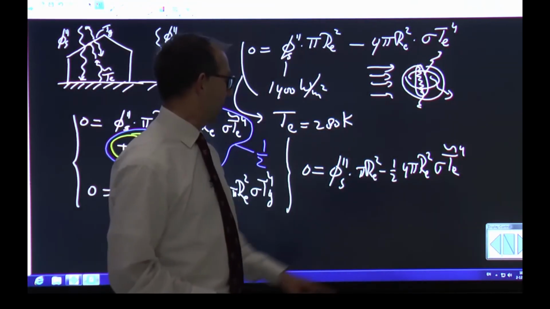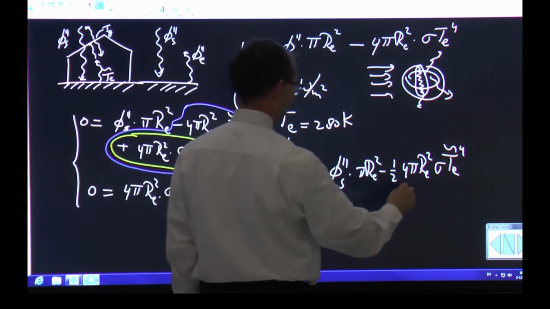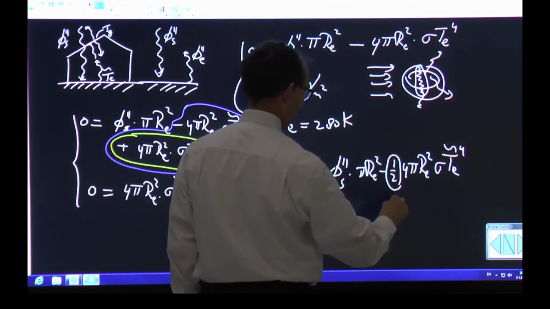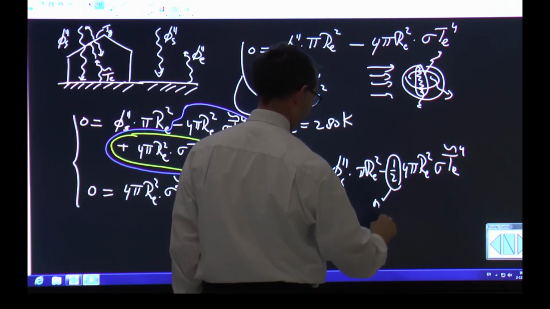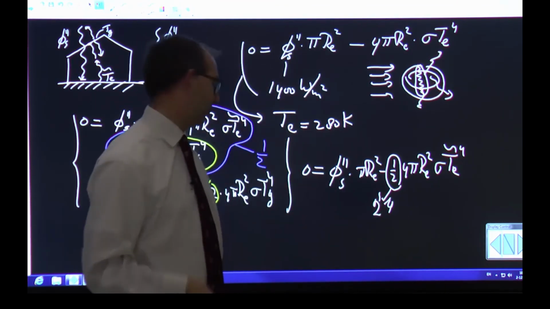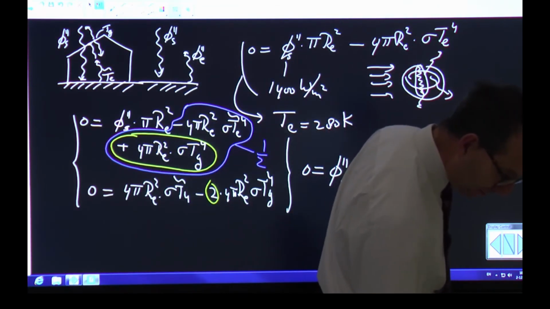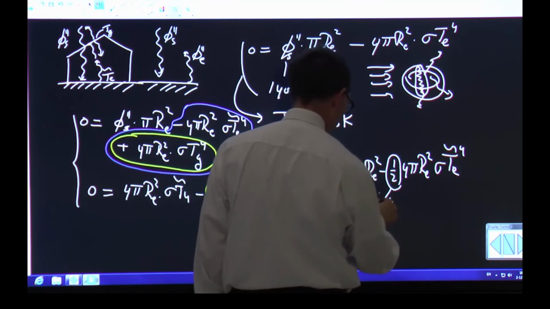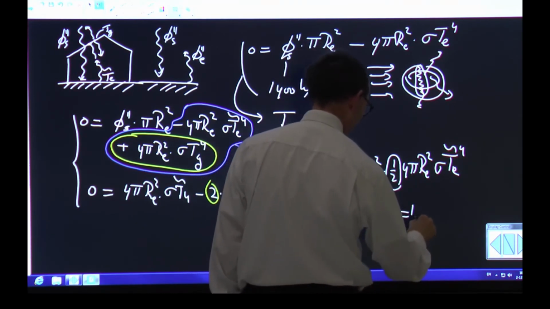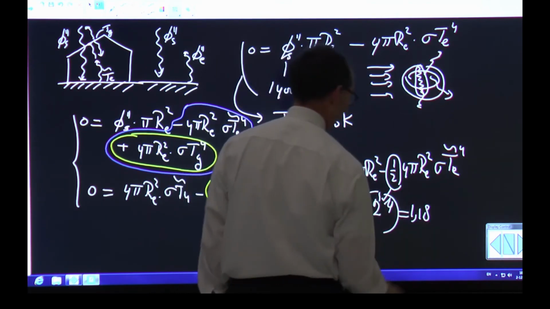I can solve this equation, and that's pretty straightforward because it gives the same solution as here, except for this factor 2 to the power 1/4, so it doesn't go that fast. And if you equate that, let me peek at my piece of paper, there is an additional factor of 1.18 in the temperature of the Earth.